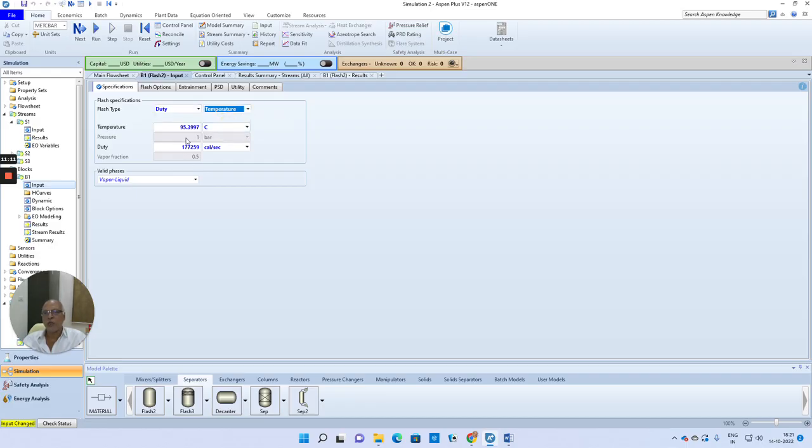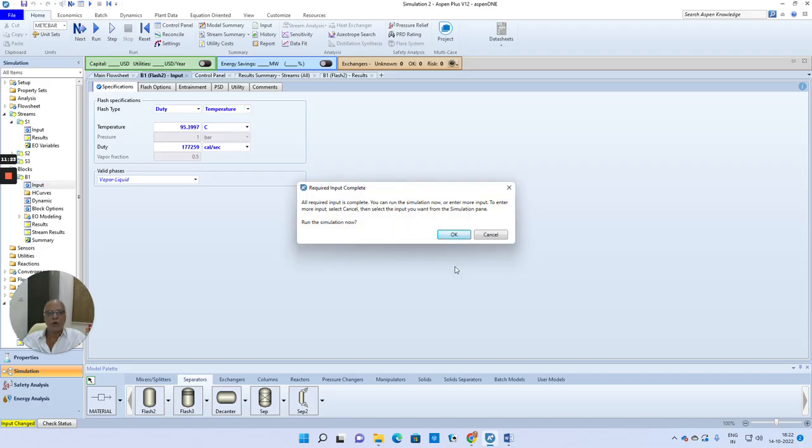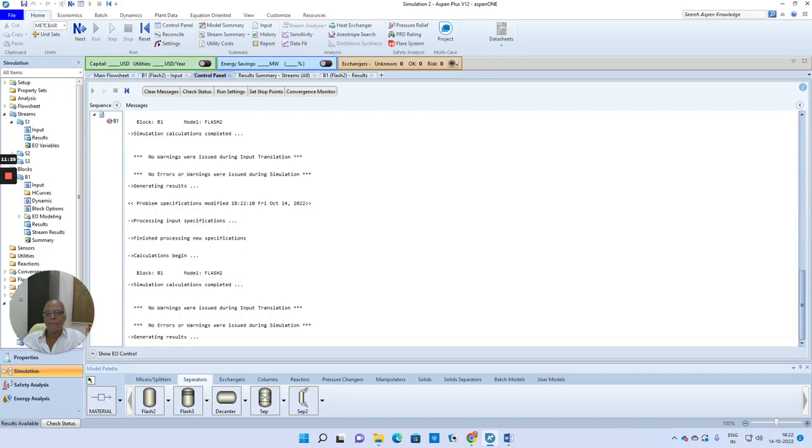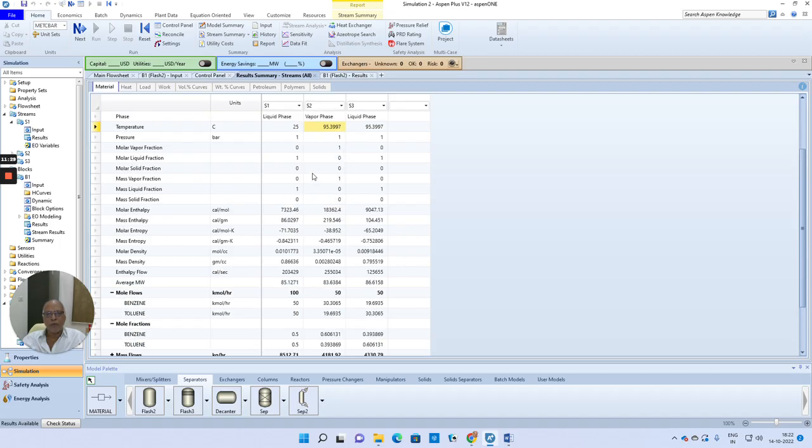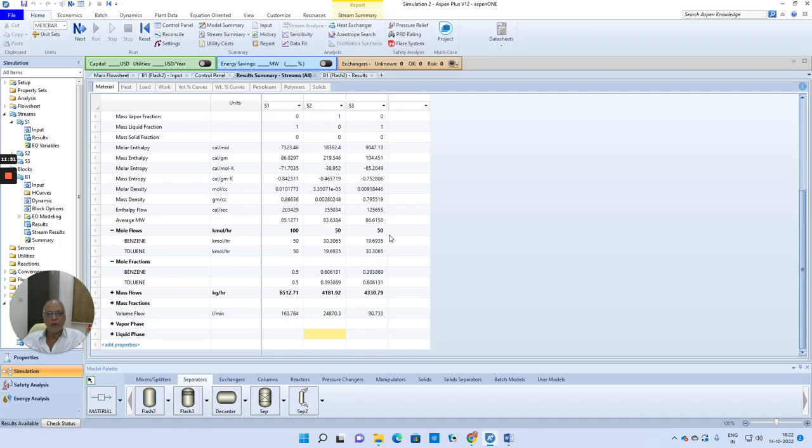Now only these two inputs are given, temperature and heat duty. We should be able to calculate the pressure as 1 bar. Once again, you can run this problem. So you will be able to observe that we calculate 1 bar and 50% liquid and 50% vapor with the same composition.